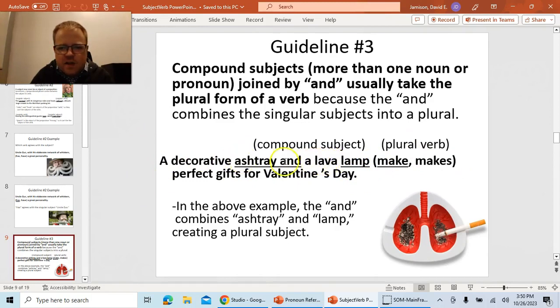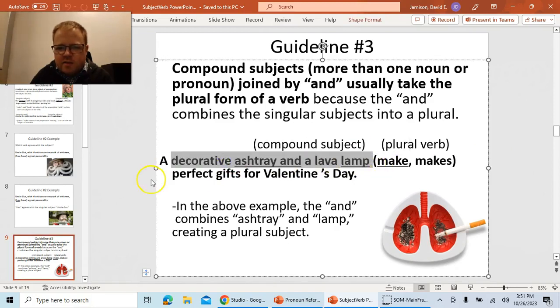If we said a lava lamp makes a perfect gift for Valentine's Day, then it would be singular. We would say makes. But since we're combining them, if we're saying a decorative ashtray and a lava lamp, then they are plural, and they make perfect gifts for Valentine's Day.